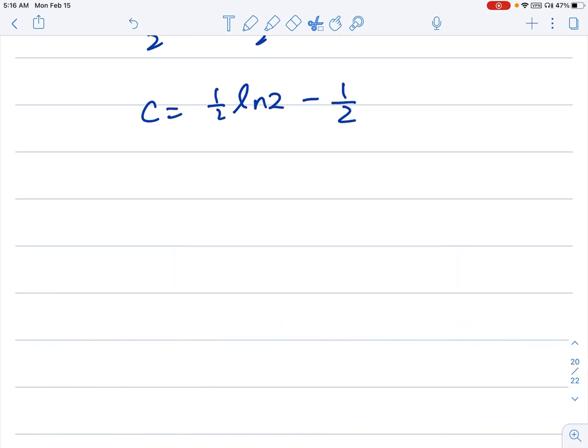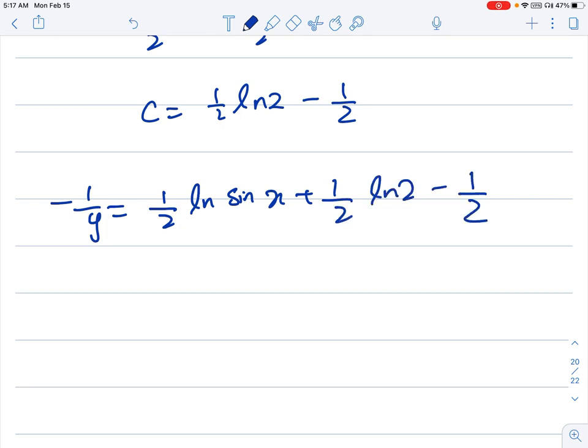So what does that become? Minus 1 by y is equal to 1 by 2 ln sine pi by 6. Sine pi by 6, now it is x, right? So sine x plus 1 by 2 ln 2 minus 1 by 2.